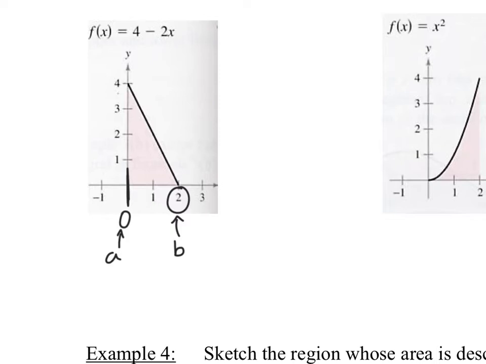All right. What we're really looking for when we're finding the area under a curve is the area between the curve and the horizontal axis. But specifically, it's the area between two functions.